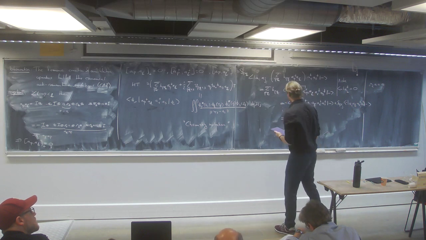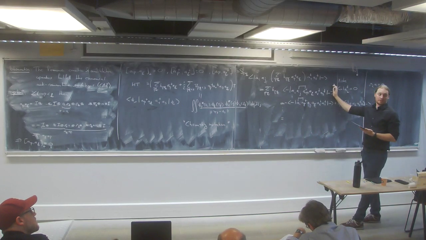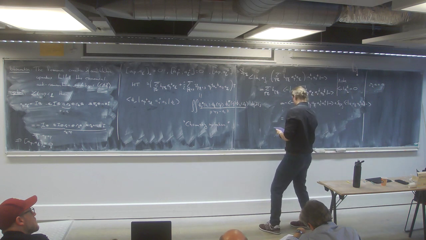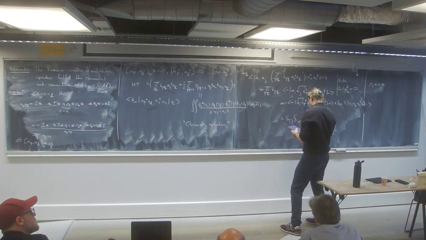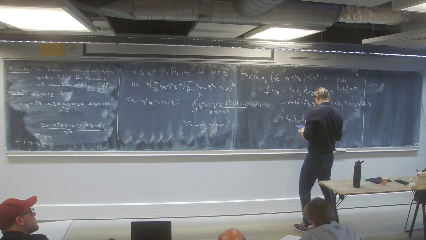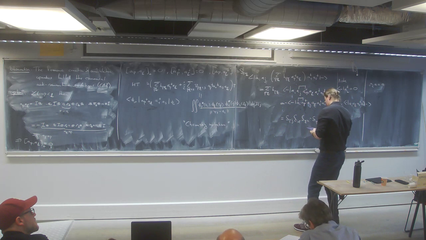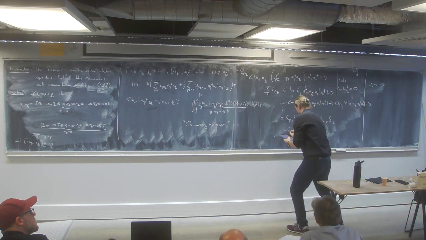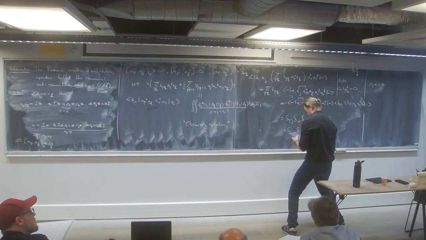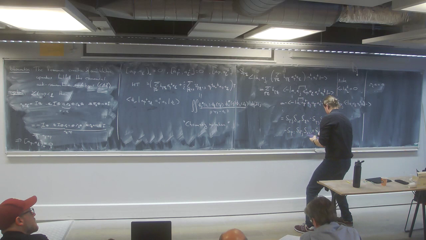And at the end, what you'll find is that this expression is really just a product of Kronecker deltas. So you'll find delta_PJ, delta_IL, delta_QK, minus delta_PJ, delta_QL, delta_IK, minus delta_PI, delta_LJ, delta_QK, plus delta_PI, delta_QL, delta_JK.